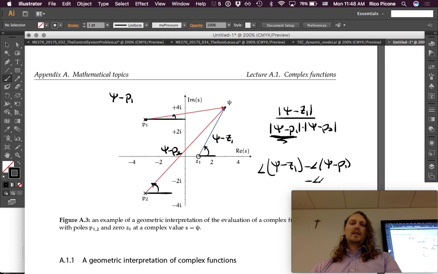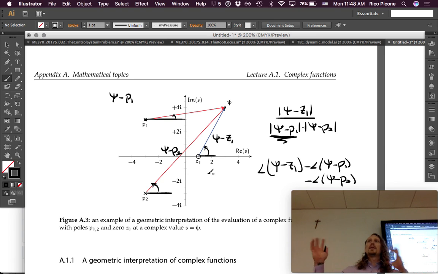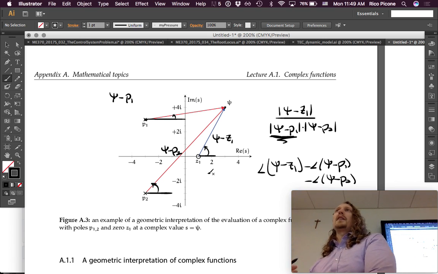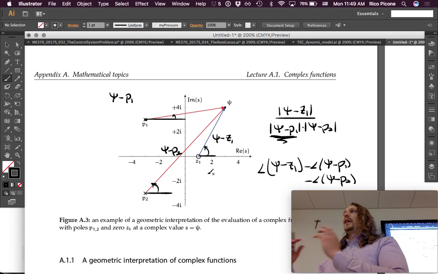Minus the angle of psi minus p2, which is this angle. Okay? So that's the geometric interpretation of the magnitude and the phase of a transfer function when you evaluate it at a certain point. Okay?